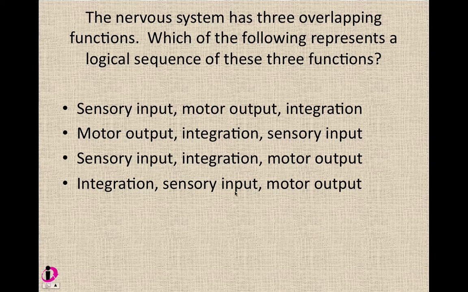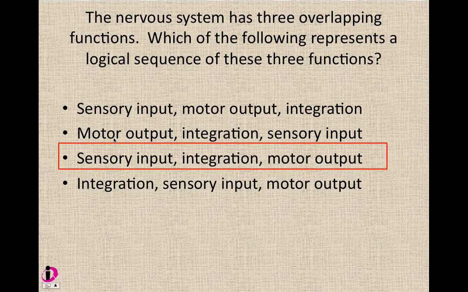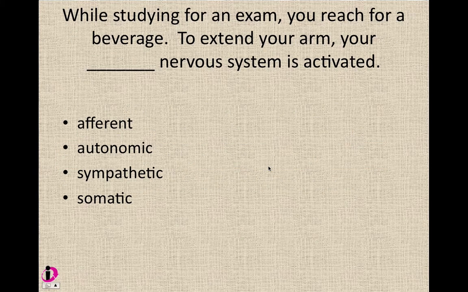Well, you have to go through sensory input first, then you have to integrate that information, and then you can pick up that glass of water. You wouldn't go through picking it up and then figuring out what you're doing afterwards. You actually have to go through this process in order to make it happen. So while studying for an exam, you reach for a beverage. To extend your arm, your blank nervous system is activated.